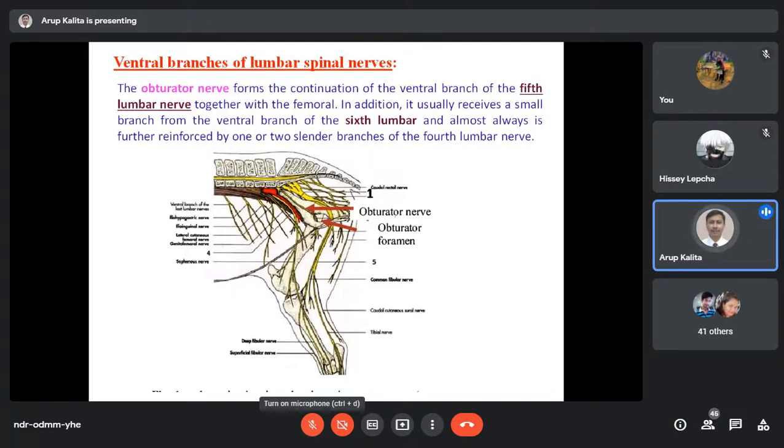From next class onwards, we have to go to the organs of the abdominal cavity. What are the organs present? For example, esophagus, stomach, intestine, then liver, kidneys, spleen, pancreas, gallbladder. These are the organs we have to study. Okay?